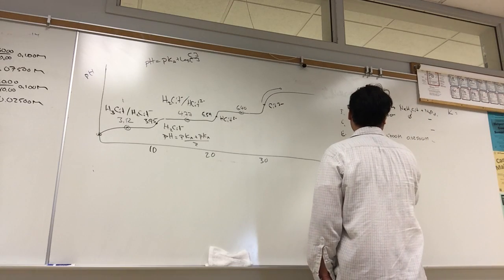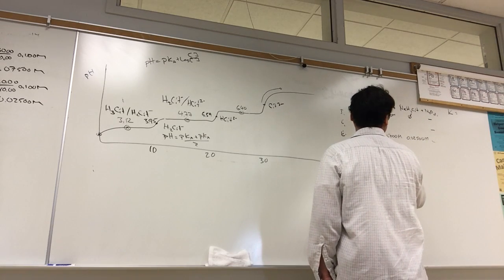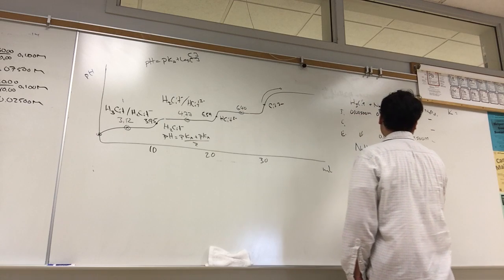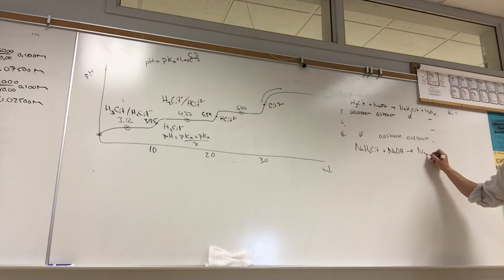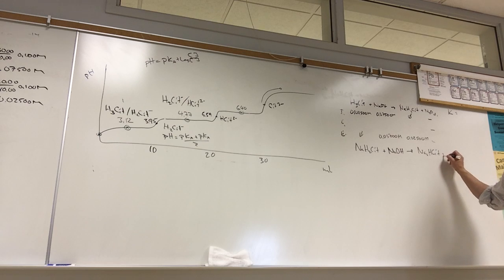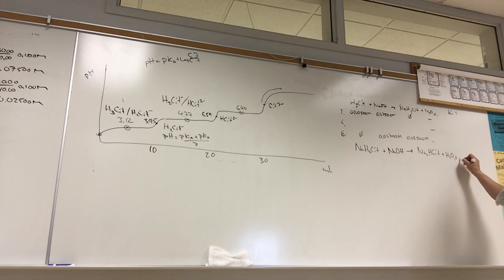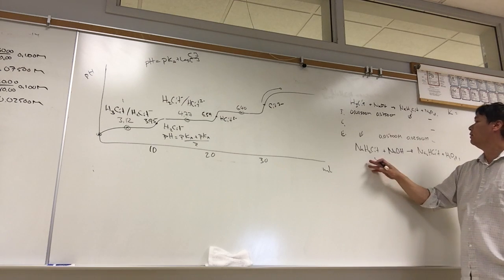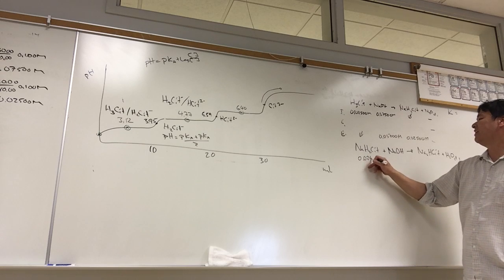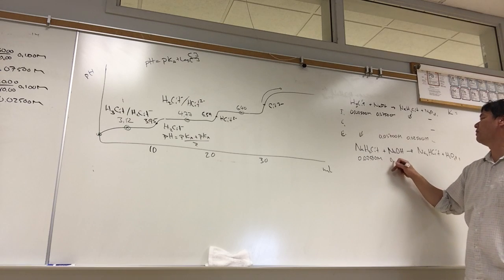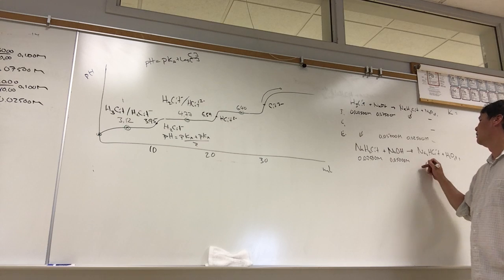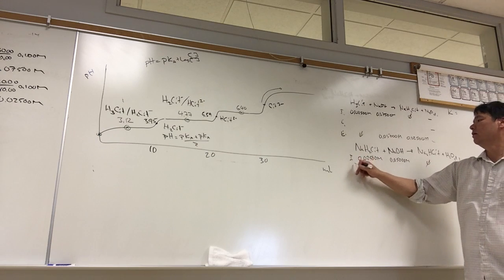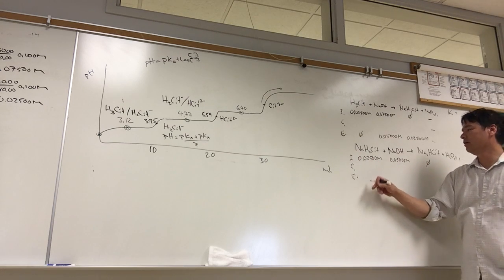So we'll take sodium dihydrogen citrate plus sodium hydroxide. It's going to yield sodium monohydrogen citrate and water. This is 0.02500. This is 0.05000. This is 0. This K should be very, very large.